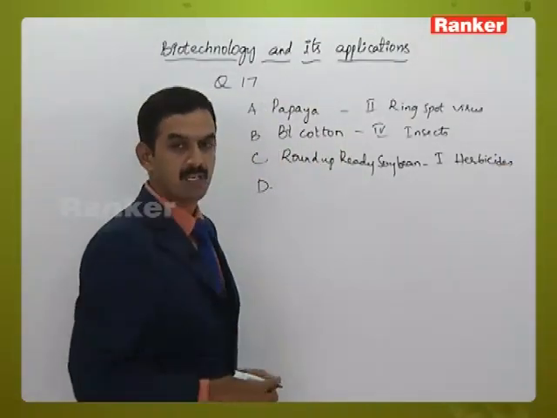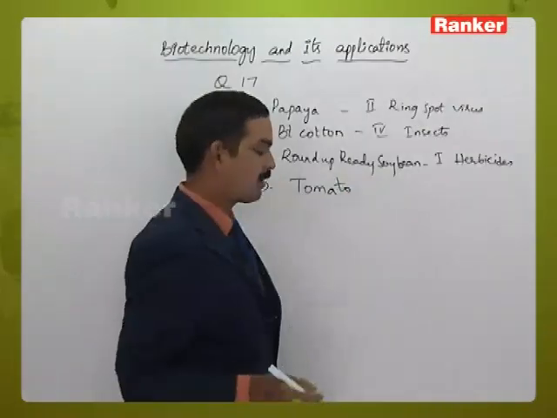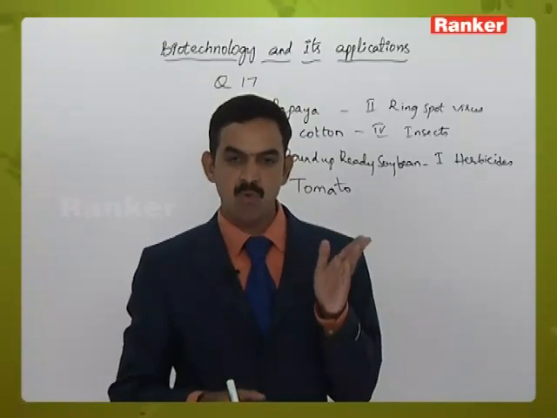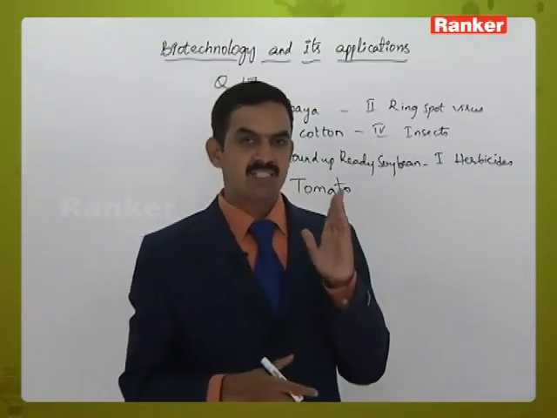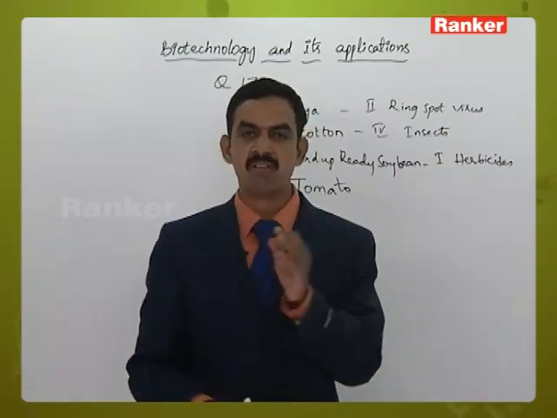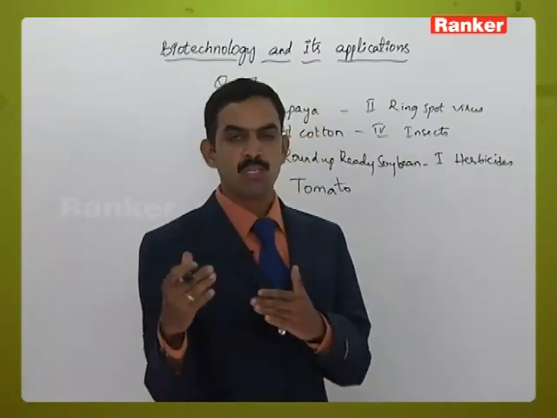Then D, tomato. When it is a tomato, two characters have to be considered. One is resistance against Pseudomonas, and the second is the transgenic tomato variety called the Flavr Savr variety, which has the bruise-resistant property. Out of these two, which one is given here?